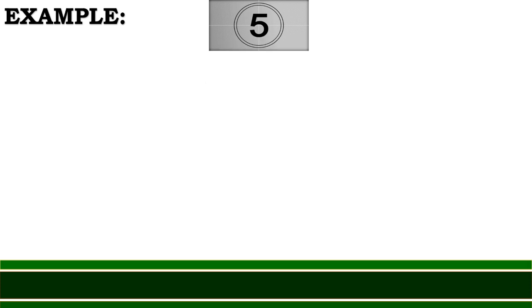So let us try this. The sequence here is 3, 5, 7, 9, 11, and 13. Can you guess what is the rule or the pattern for this sequence? I'll give you 5 seconds to think.